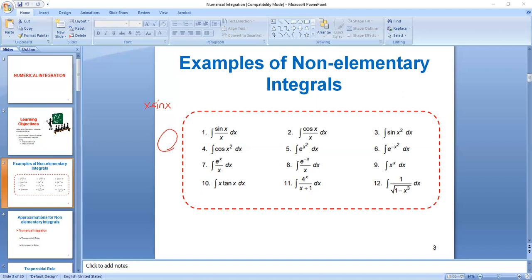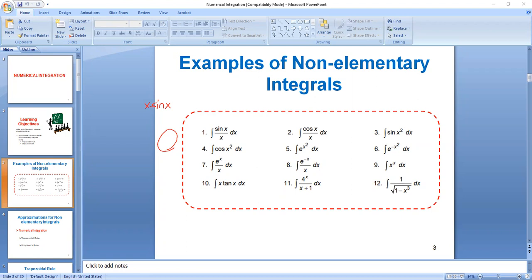This is a common non-elementary integral, the e raised to x squared. The argument of the exponential function is x squared. E raised to negative x over x. 4 raised to x over x plus 1. And the rest here, they are all non-elementary integrals. So even this one, x raised to x dx.